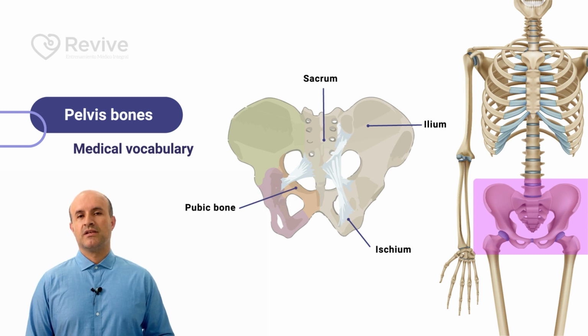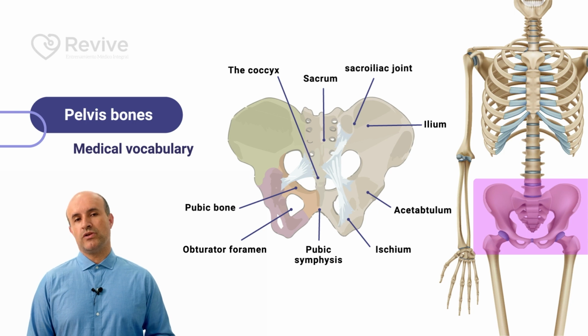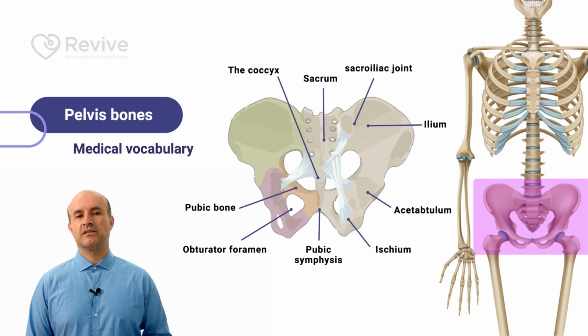The fifth is the pubic symphysis. Up next, in sixth place, comes the acetabulum. After this, the obturator foramen. In eighth, the coccyx. And finally, in ninth place, the sacroiliac joint. We will go even further down in our body and review the bones in the legs and feet.